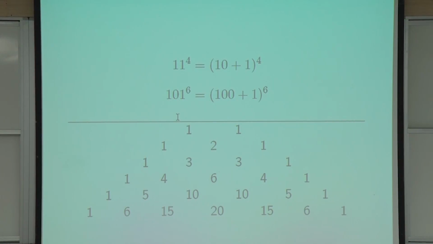And if we know the binomial coefficients, or even Pascal's triangle, we can easily see 11 to the power 4 is equal to the fourth row, so it's 1, 4, 6, 4, 1. And for the second one, we can easily see it's equal to 1, 0, 6, 1, 5, 2, 0, 1, 5, 0, 6, 0, 1. So this is just a free form question.